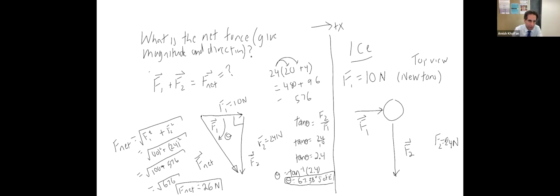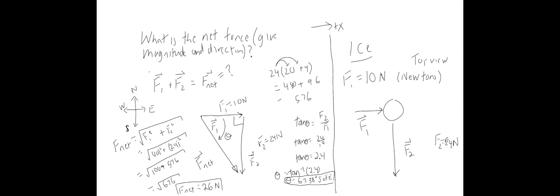Meaning this is east, going up is north, left is west, down is south, right? I'm looking from above. So east is positive x, west is negative x. So we're going east, but we're deflecting southward by some angle, right? As opposed to going east of south, that would be this angle.